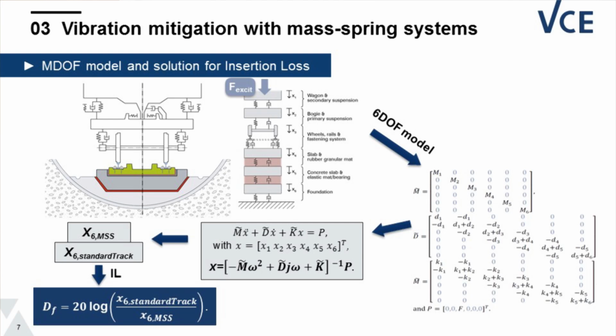We do this displacement determination for a standard track, which is the undamped track, so as a reference track, and we again do this for the mass spring system. So we have basically two deformations. Once we have the ratio between these two parameters, we can define the insertion loss.